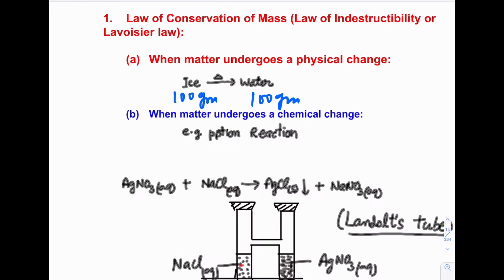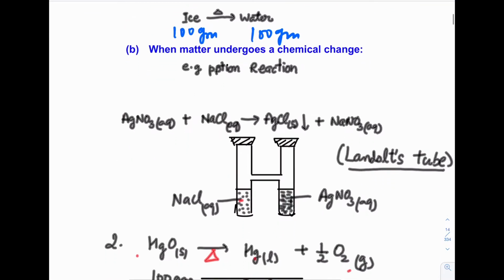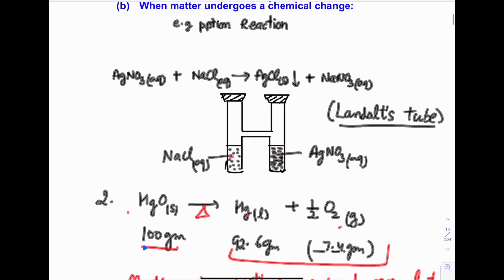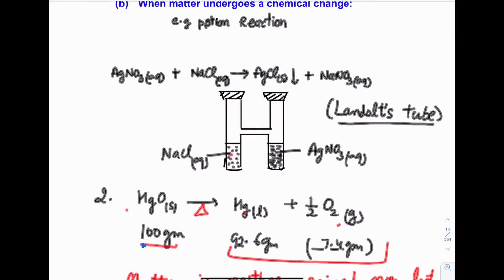Similarly, if we consider a chemical change, like a precipitation reaction, this is a Landolt tube. It is an H-shaped tube, with one block having NaCl, the other having silver nitrate.